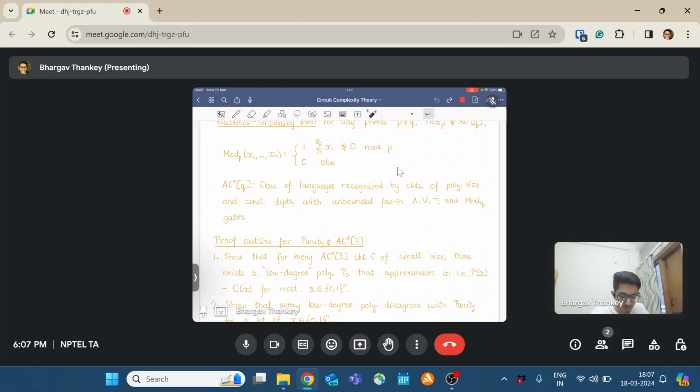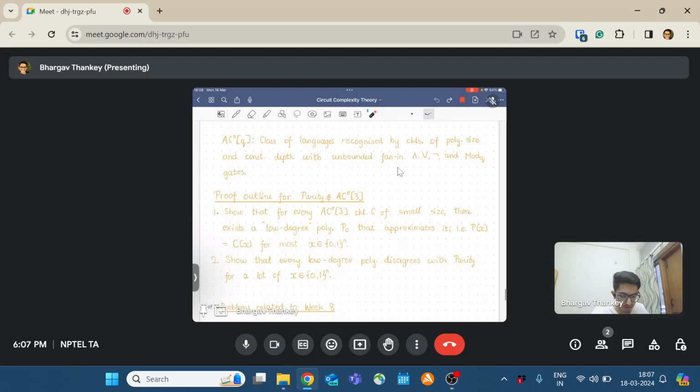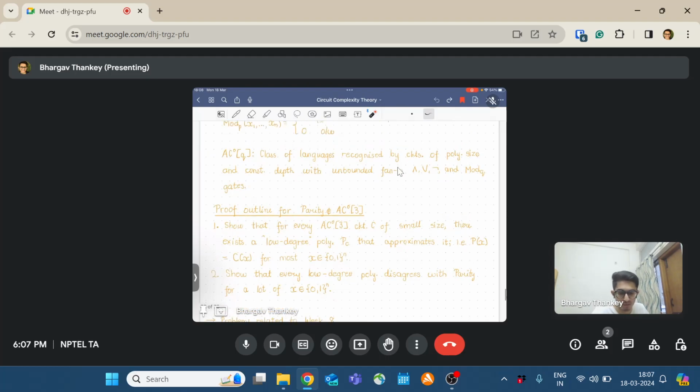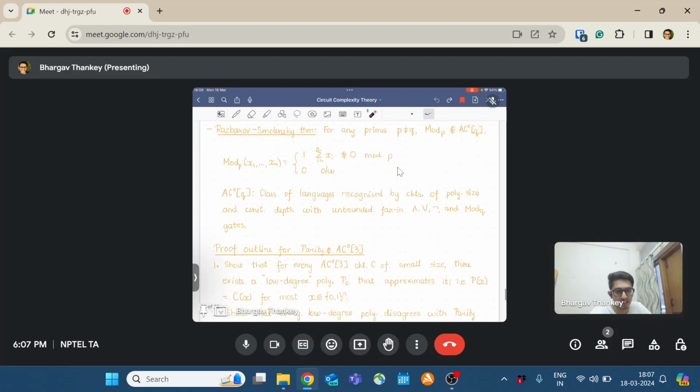Let's quickly look at the proof outline of this theorem. In the class, we only saw the proof of a special case where p equals 2 and q equals 3. When p is 2, mod p is just parity, so the theorem says parity is not contained in AC0[3].